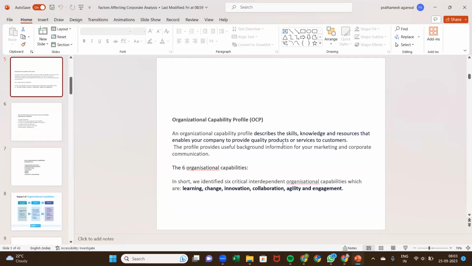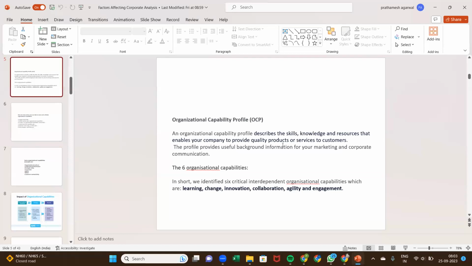An organizational capability profile describes the skills, knowledge, and resources that enable your company to provide quality products or services to the customers. So the prime objective of any organization would be to provide quality products and services to the customers.